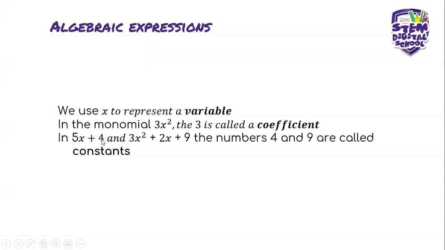The value of 4 will remain the same. It doesn't change. Even in this case, you can change all the values of x, but this term will never change. It is 9. It is constant. So we say anything or any number that does not change in value, it's called a constant. It doesn't change. It remains the same.